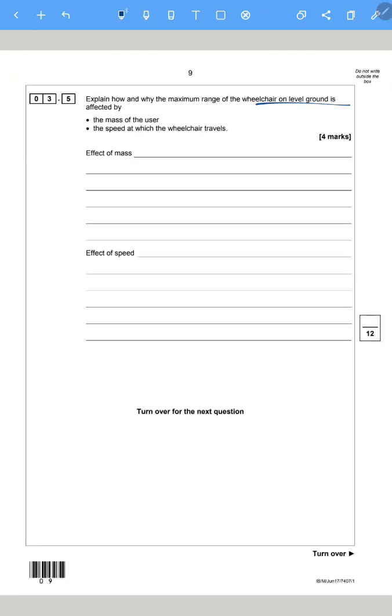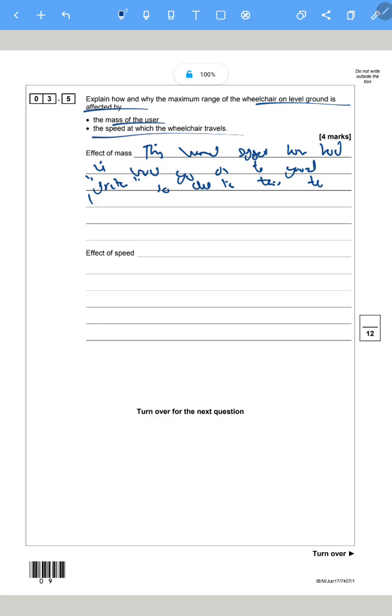Explain how the maximum range of the wheelchair is affected by the mass of the user and the speed of the wheelchair. Effects of mass. This would affect how hard it presses on the ground. Friction. So due to this, the less mass, the less friction, so more speed and more kinetic energy.